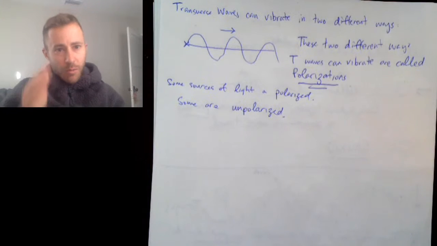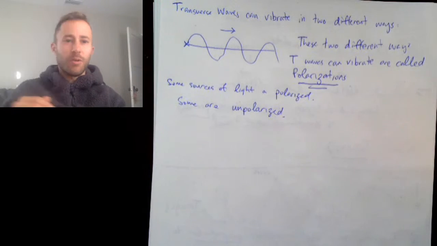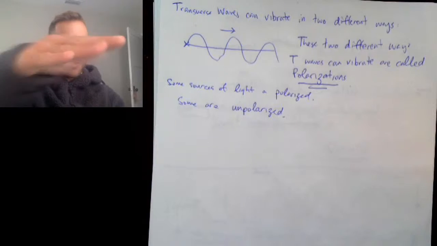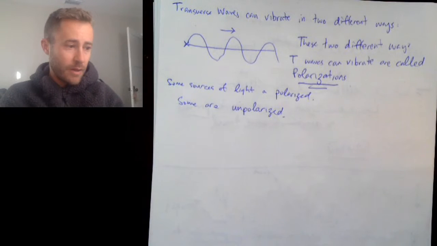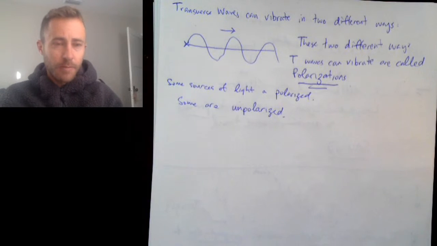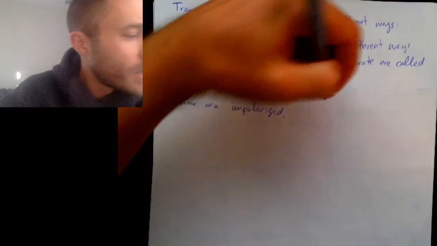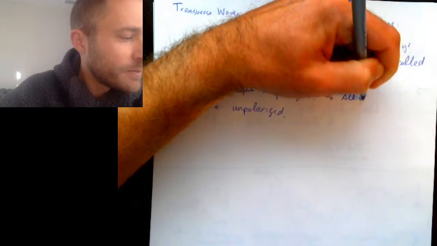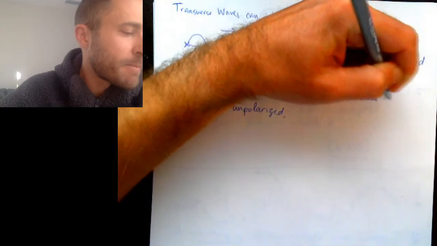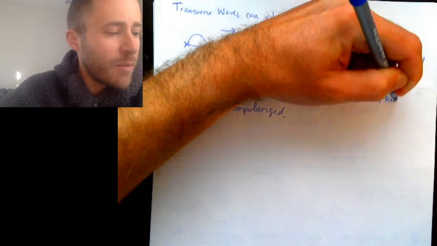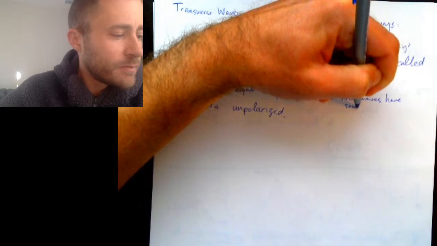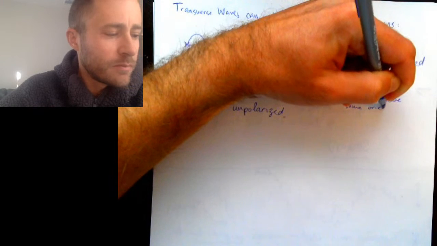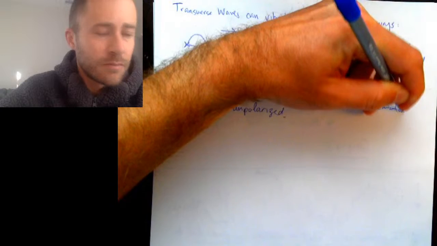So all the waves that are coming out are up and down, or all the waves that are coming out are polarized side to side. Okay. So this means that all the waves have the same orientation.